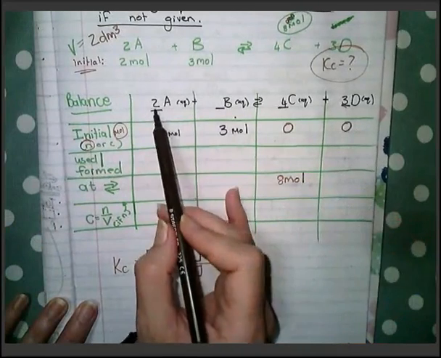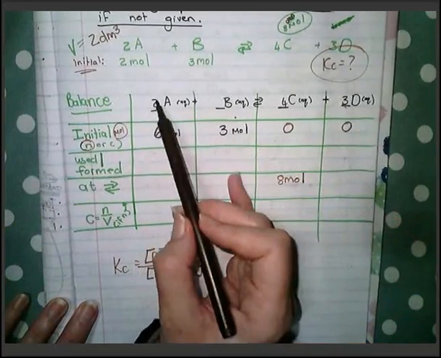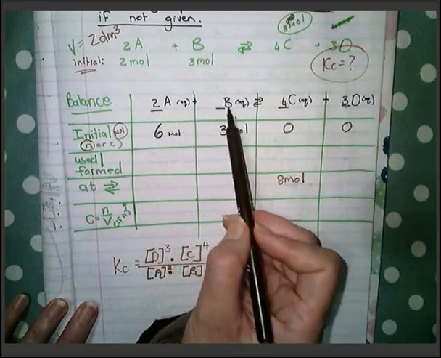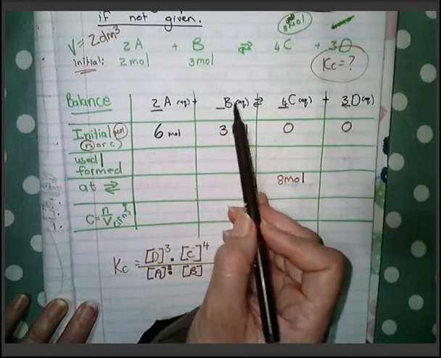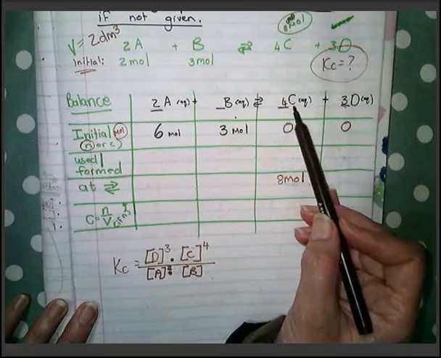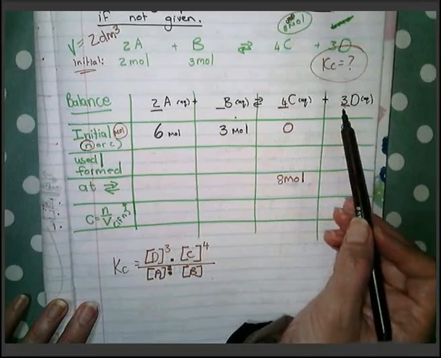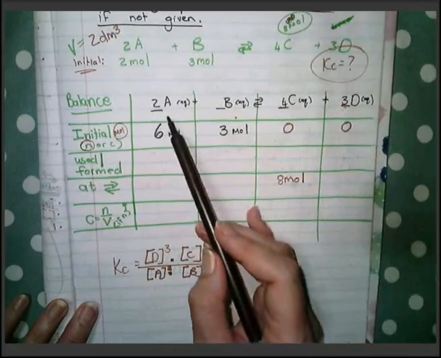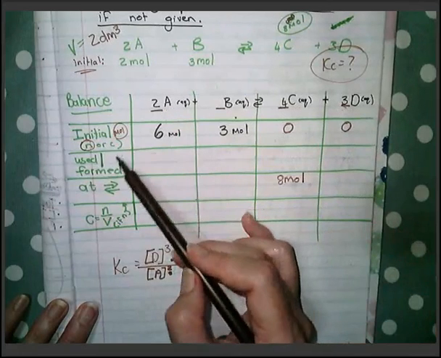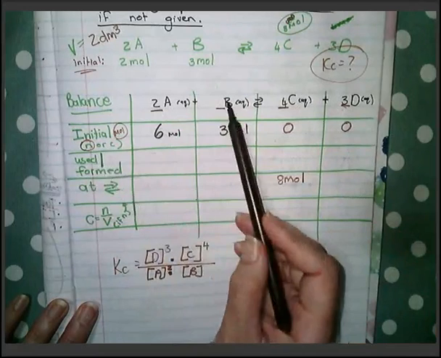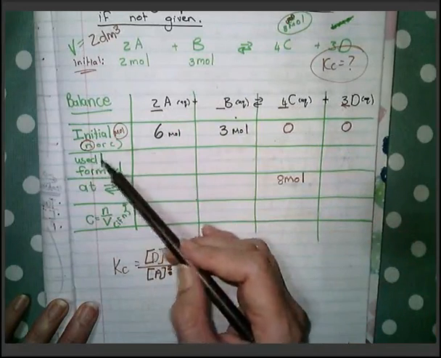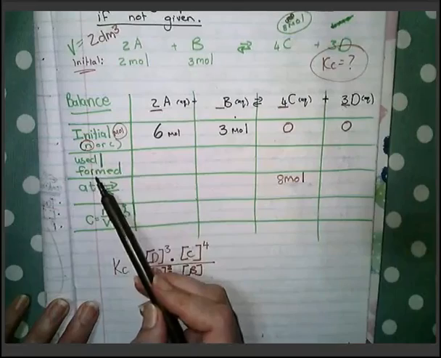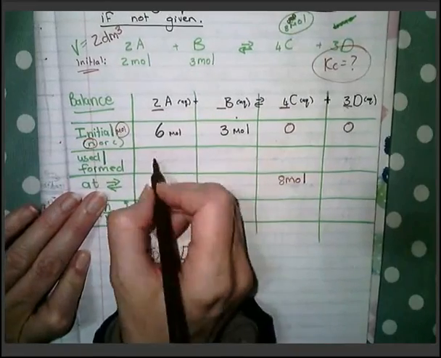From these balancing numbers, we know that 2 moles of A will react with 1 mole of B to form 4 moles of C and 3 moles of D. So for every 2 moles of A used, 1 mole of B is used, 4 moles of C are formed, and 3 moles of D are formed.